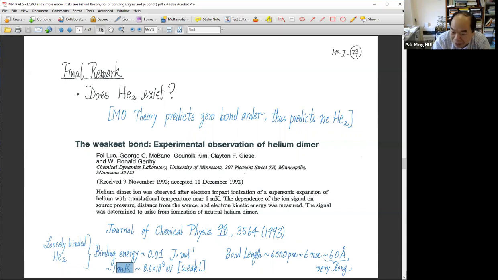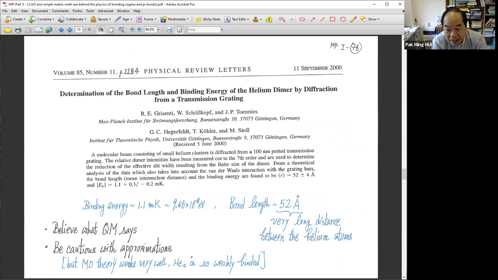Nonetheless, it was experimentally studied. And that group was not the only one. After several years, another paper in Physical Review Letters, another good journal, further confirmed that, and the numbers are around the same ballpark. The bond length is 52 angstrom, so it's still very long, and the binding energy is still in the millikelvin range. So it is that weak.